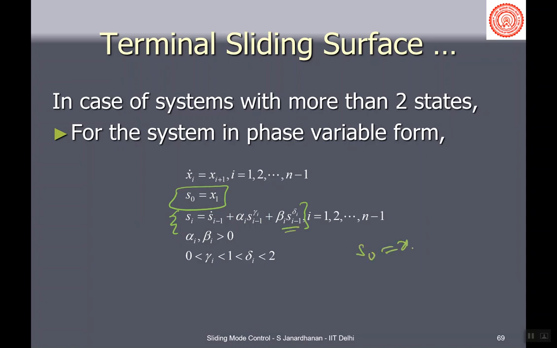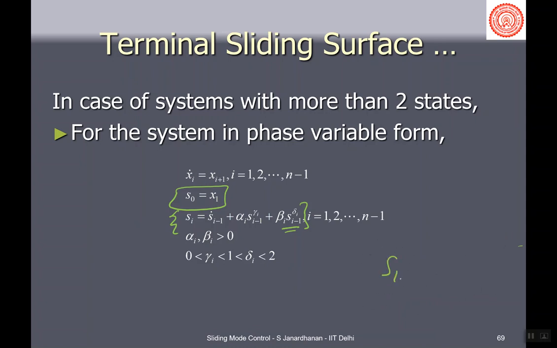So S0 is x1, S1 is x1 dot plus alpha 1 x1 raised to gamma or something like that, and S2 would have S1 in it, and so on, up to Sn minus 1.